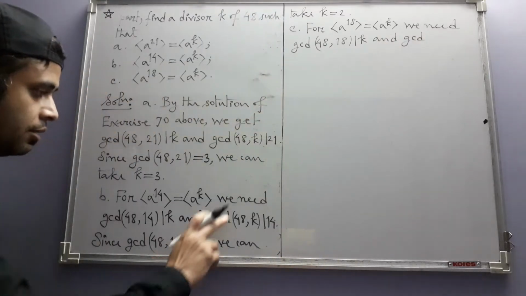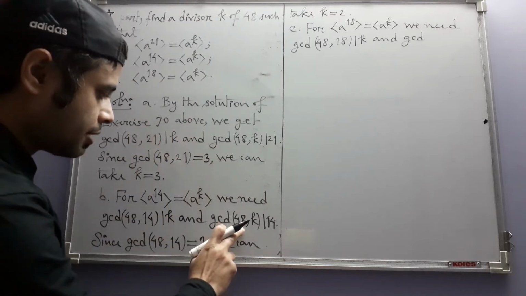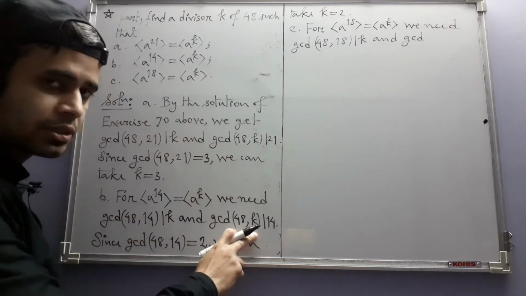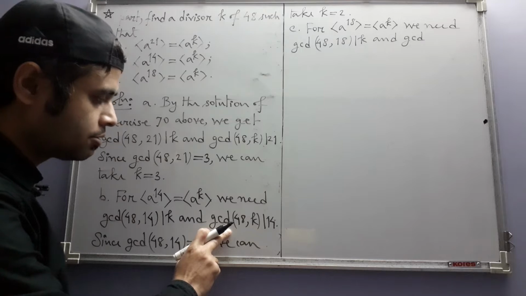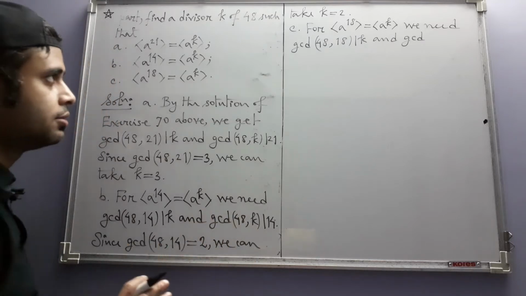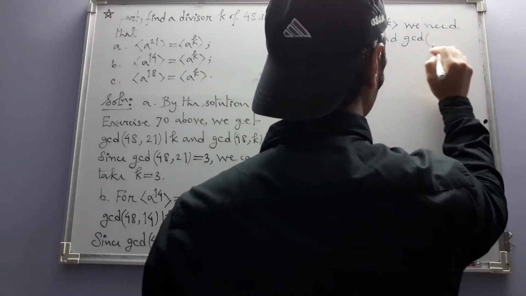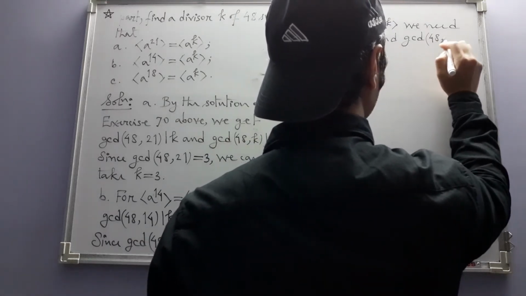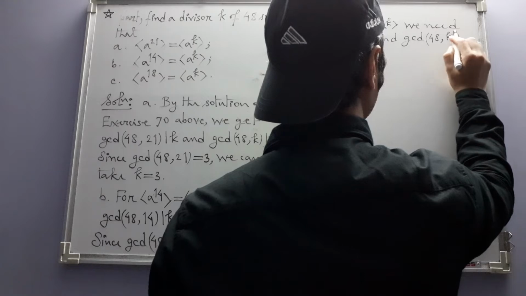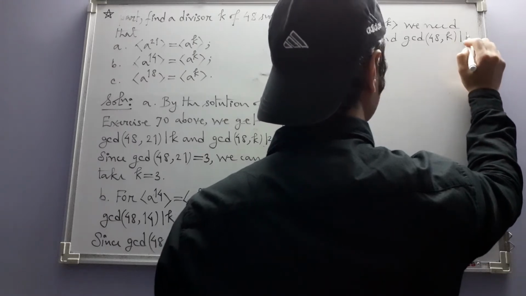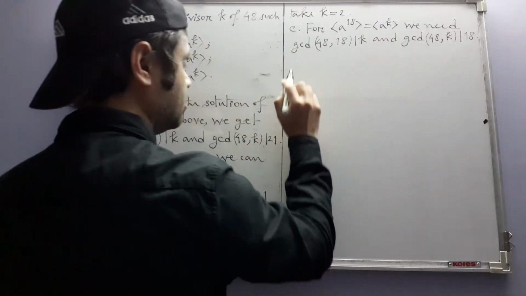And by the way, when k is 2, then here in the second divisibility relation, the GCD is 2 and 2 definitely divides 14. So our choice k equal to 2 is okay. This divides 18.